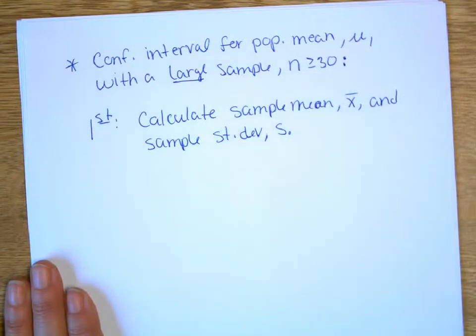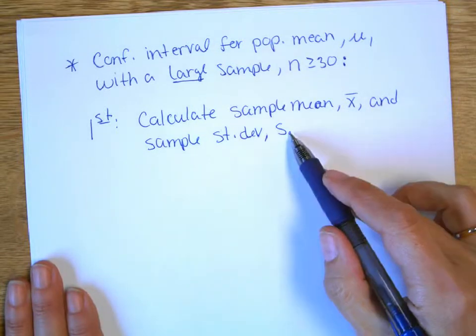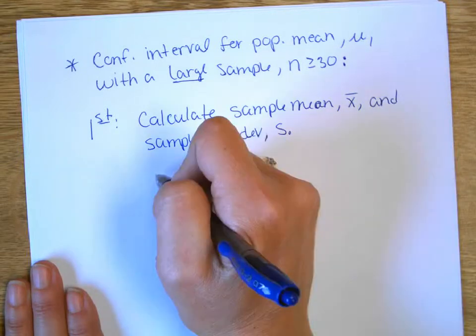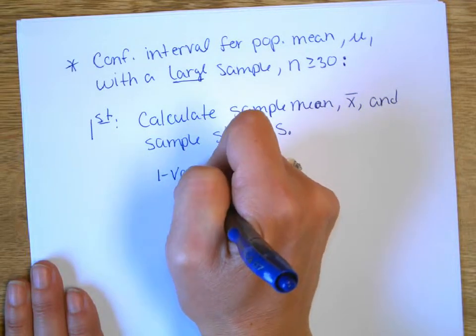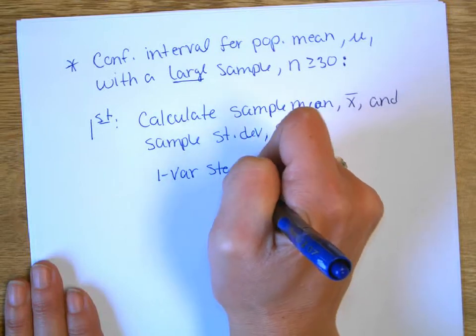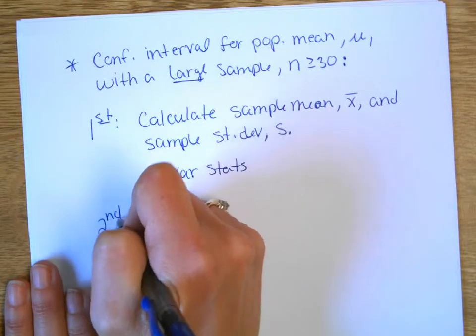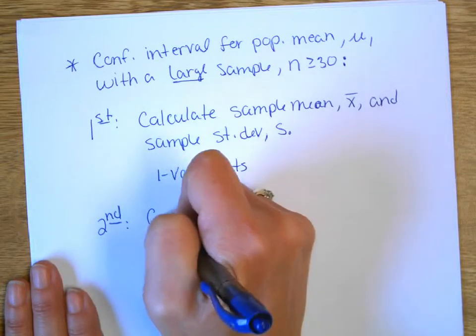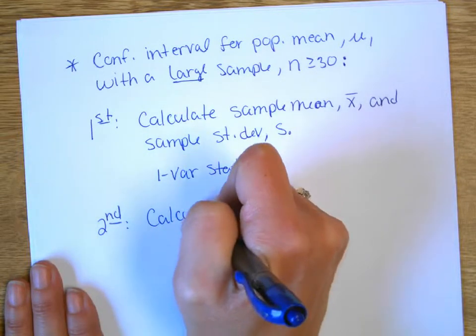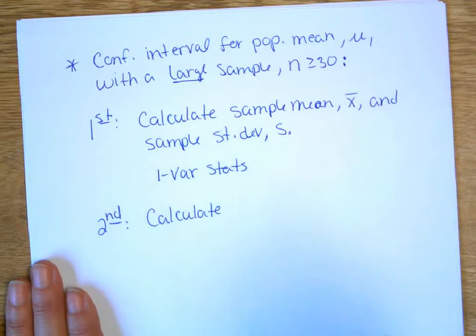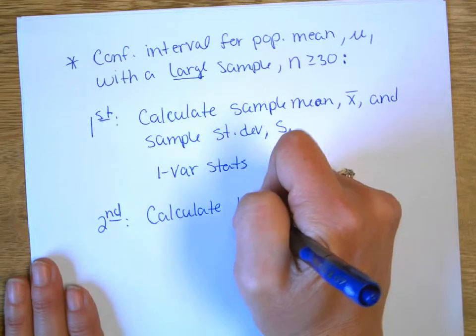Some of the problems, they just tell you what these two things are and you move on to step 2. But if they give you a list of data, how am I going to find the mean and standard deviation? One var stats. After that, you're going to calculate what's called maximum error.